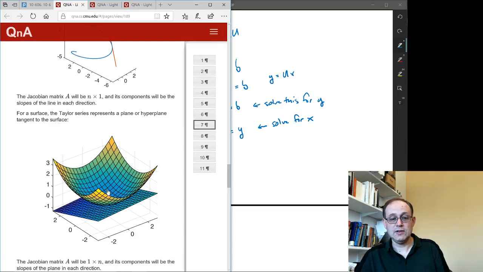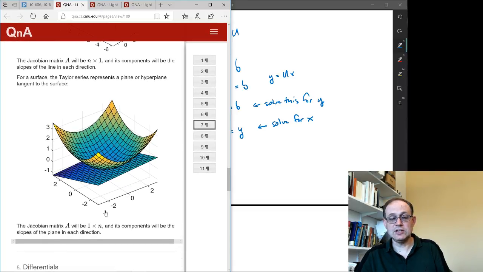Same thing for a surface: the Taylor series represents a plane or hyperplane that's tangent to the surface. The Jacobian matrix is again the set of gradients, and the components will be the slopes of the plane. So it'll tell you again the direction of steepest increase.